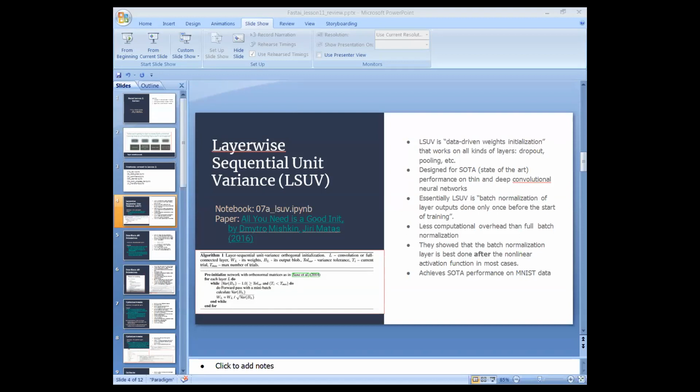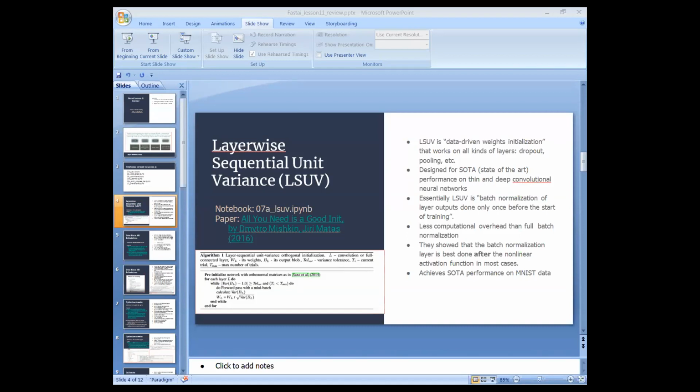For each one of these layers, you'd have to derive a mathematical procedure for doing the initialization, which could get complicated. So they decided to let the data itself guide you to the initialization, and their method is general. It works on any kind of network, no matter how many different kinds of layers, like dropout and pooling, that it includes.